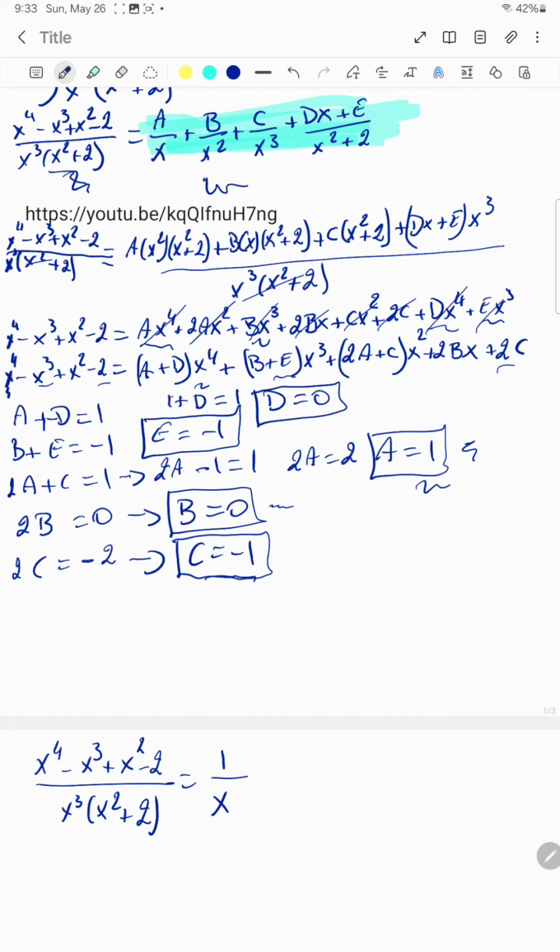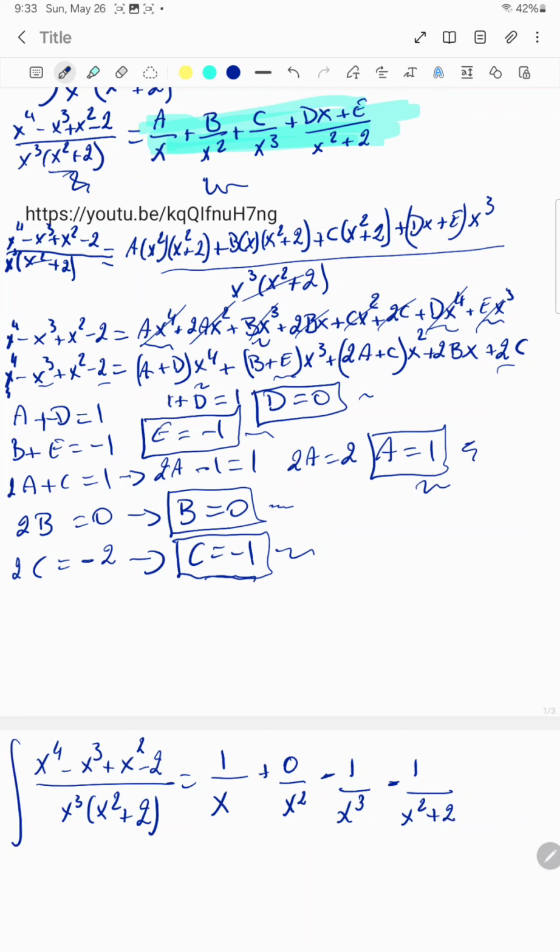And the b is equal to 0, plus 0 divided by x squared. And my c is equal to minus 1 here, so minus 1 divided by x to the power of 3. And my d is equal to 0 and my e is equal to minus 1, so that would give me minus 1 divided by (x squared plus 2).